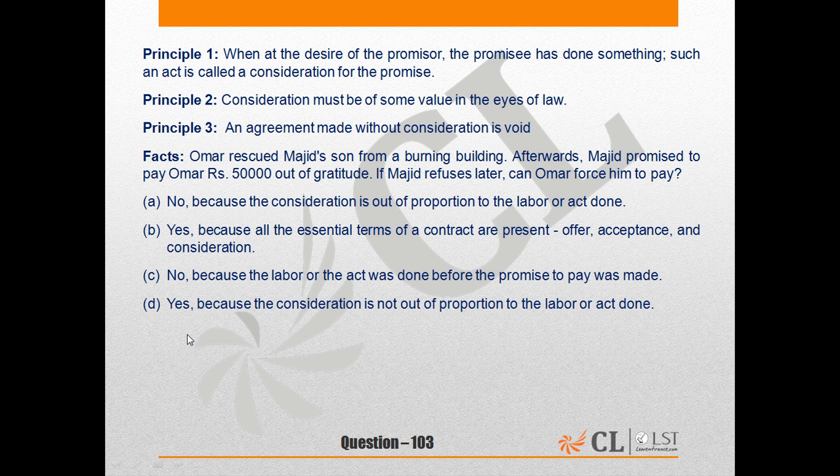Now the fact says Omar rescued Majid's son from a building which was burning. Afterwards, Majid promised to pay rupees 50,000 out of gratitude. So when the act was done, at that point there was no reward. Later, the person announced the reward but was not giving it to anyone.